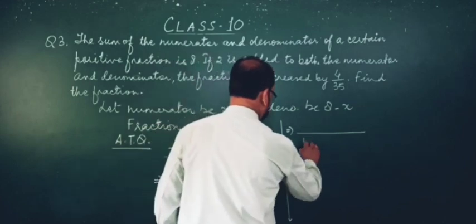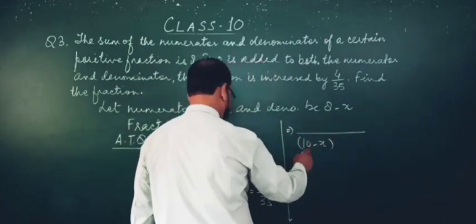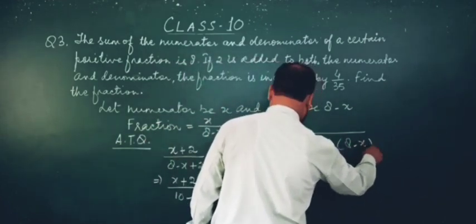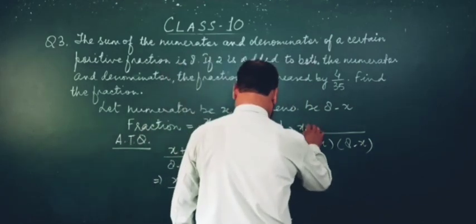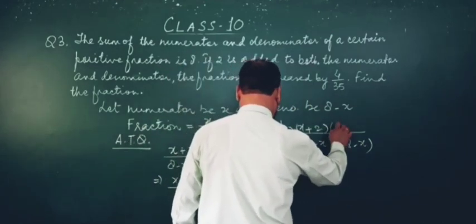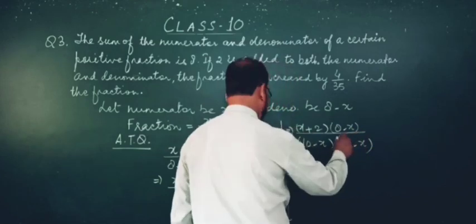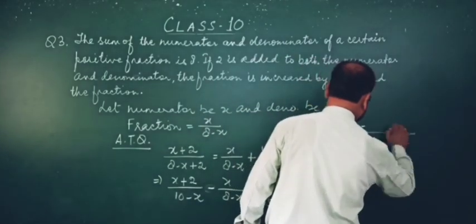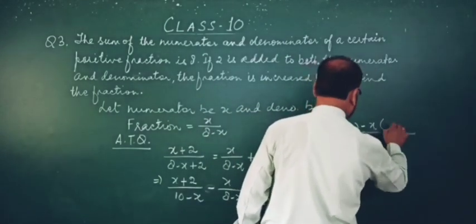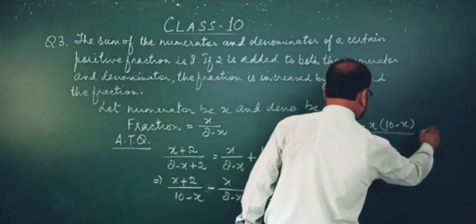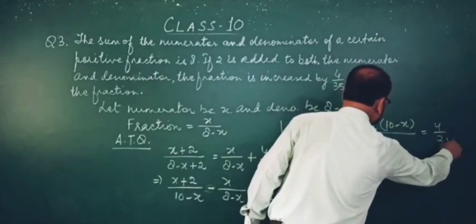So it is 10 minus x and 8 minus x. Then 8 minus x will be multiplied here, minus x within bracket 10 minus x, equals 4 upon 35.